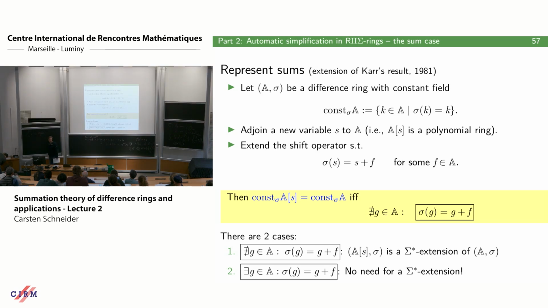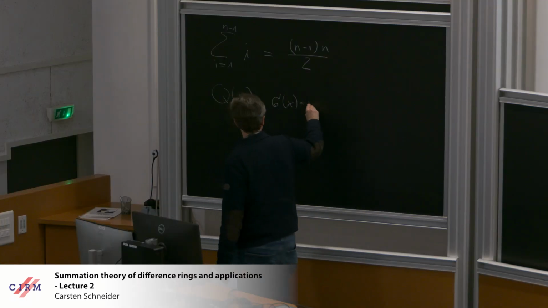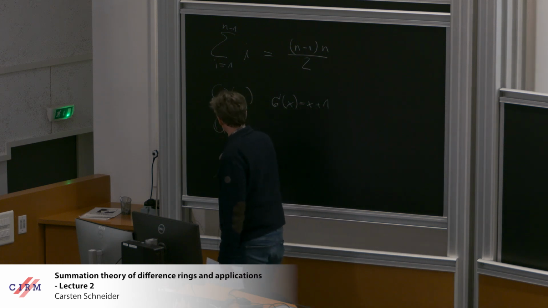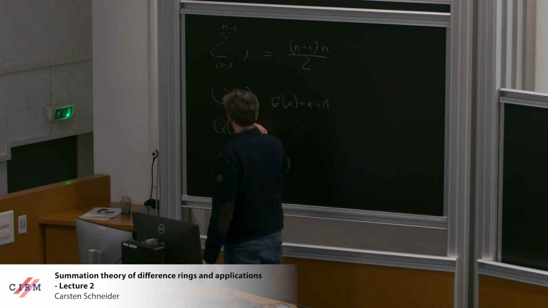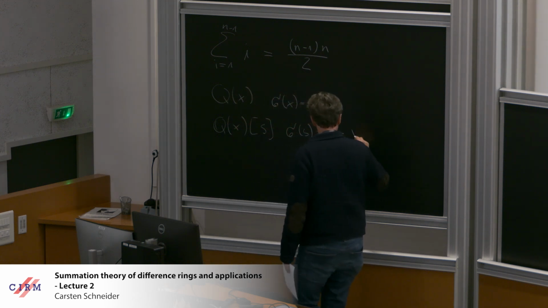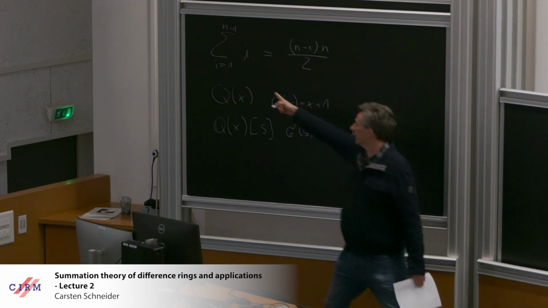And I could model it in two ways in a different ring. I could start with Q(x), and then I join a new variable s with sigma of s equals s plus x, and I model basically the sum.